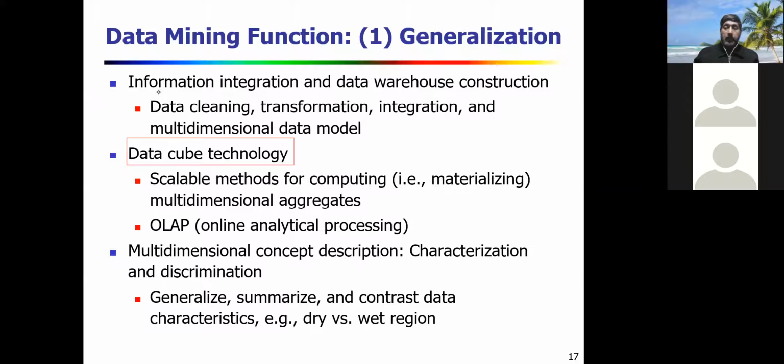So generalization, characterization, or summarization. Basically, as I said, trying to get a bigger picture of the data or a high level view of the data. You can think of it in a very simple sense.